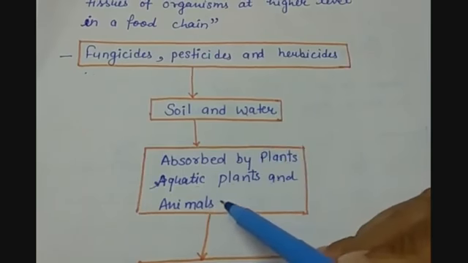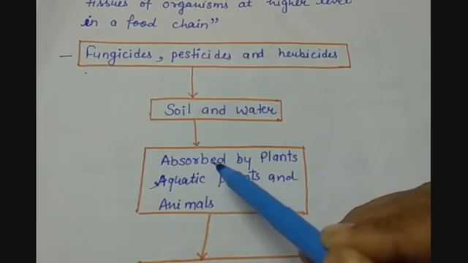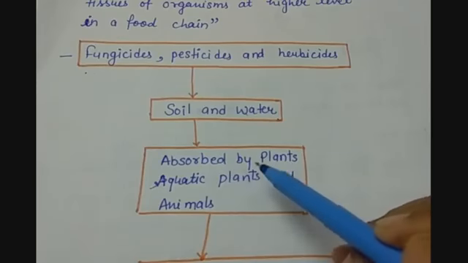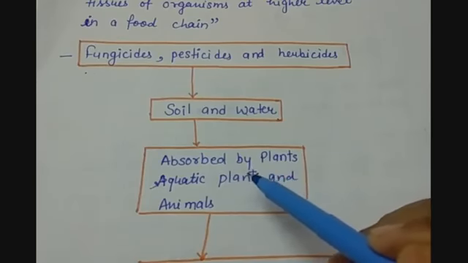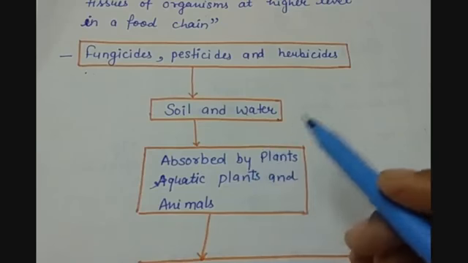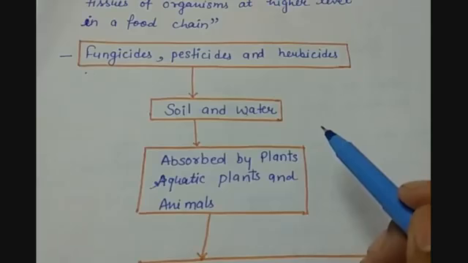When herbivorous organisms eat plant food, then these chemicals enter into their bodies. When carnivores eat up the herbivorous organisms, then chemicals are transferred to the bodies of the carnivores.